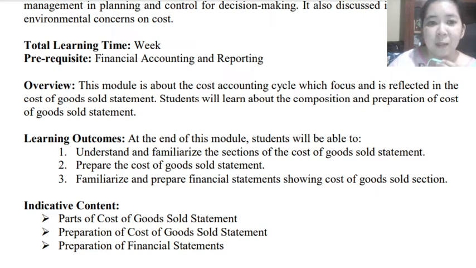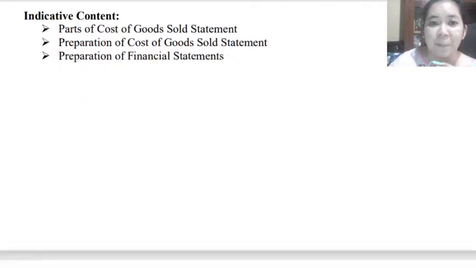For our content, our three main topics are the parts of the statement of cost of goods sold, its preparation, and the financial statements as well. But in this case, we will be focusing on still the cost of goods sold statement section.